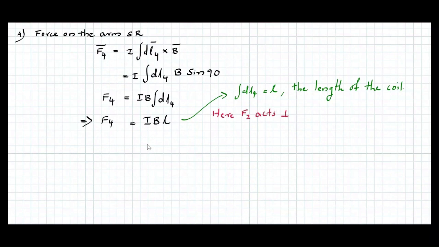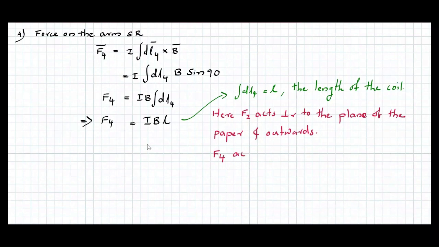Now, from the direction of the current and from the direction of the magnetic field, we can conclude that F2 acts perpendicular to the plane of the paper and outwards, whereas F4 acts perpendicular to the plane of the paper and inwards.